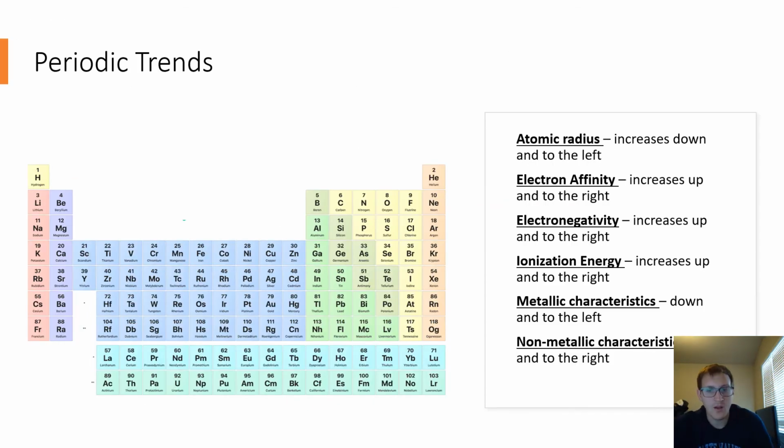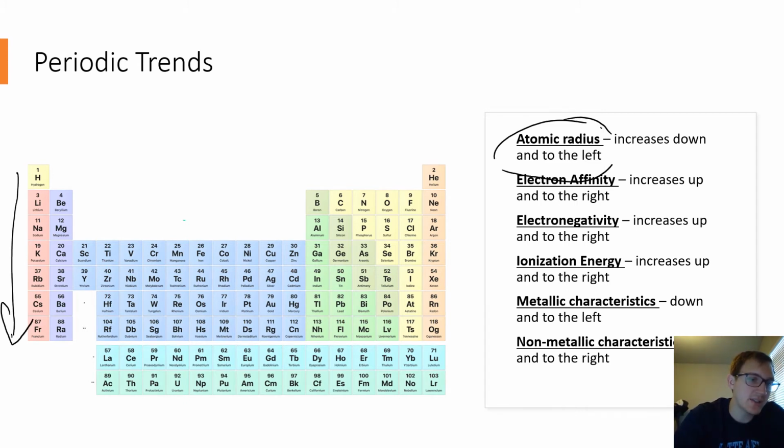All right, so next up we talked about periodic trends. Here I have a summary of the ones that we talked about and how they increase across the periodic table. Let's talk about atomic radius. We said that atomic radius increases as you go down and as you go to the left.